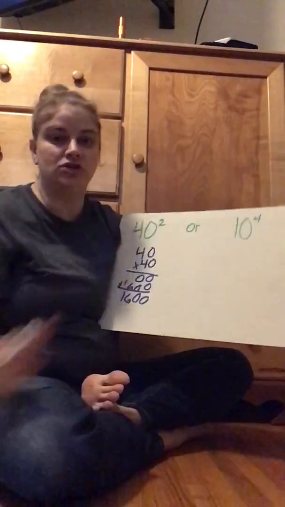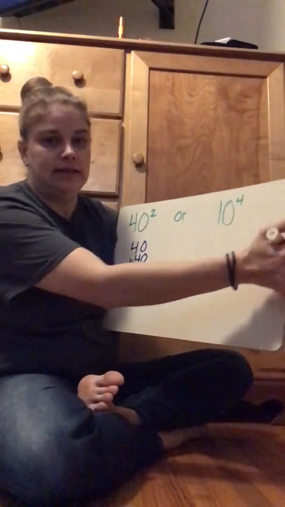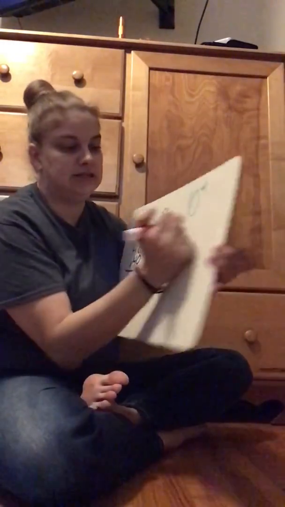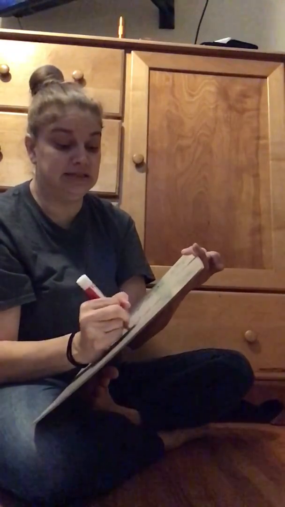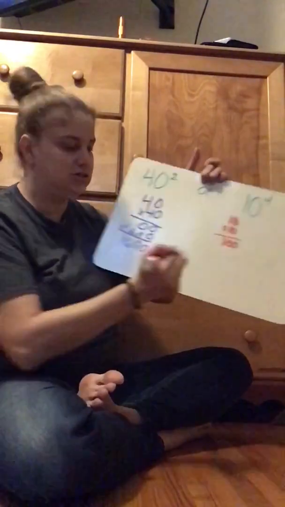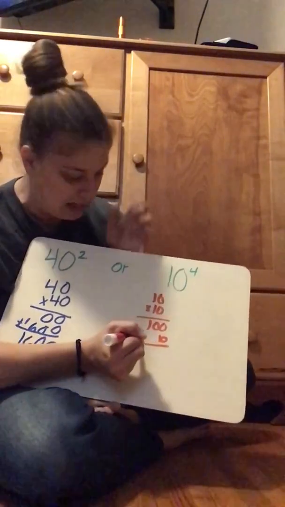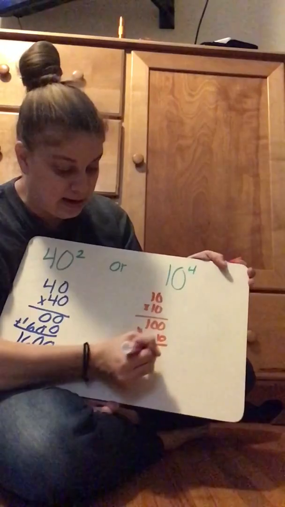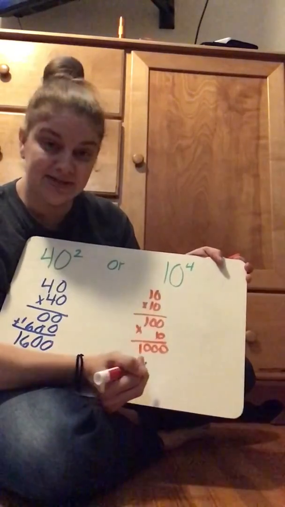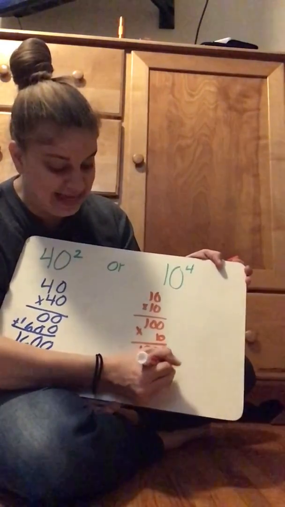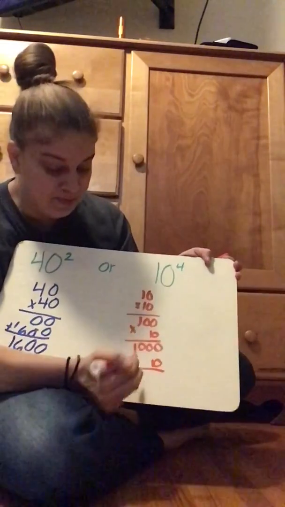And then for 10 to the 4th, I'm going to first do 10 times 10, in which we know 10 times 10 is 100. So I'm going to multiply it by 10 again. And that would be 1,000. And then I would multiply it by 10 again for that power of 4.